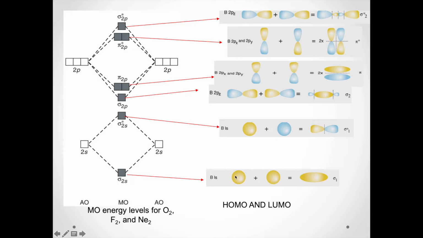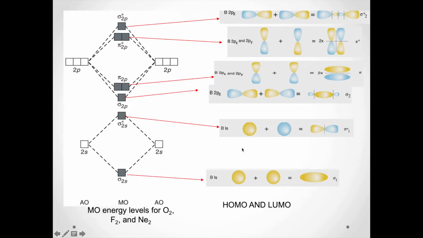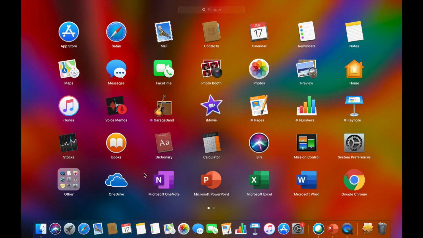Here we have the overlapping between end to end, hujung dengan hujung. And when you have the pi, this is where you have the overlapping between side to side, maksudnya tepi dengan tepi.